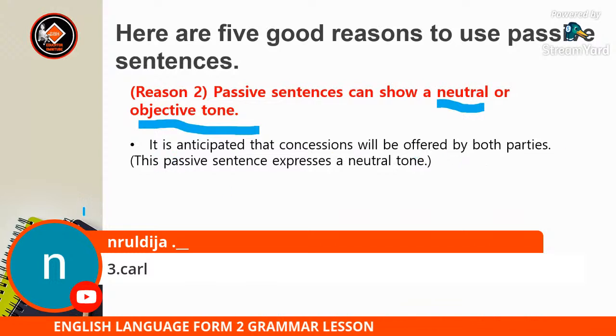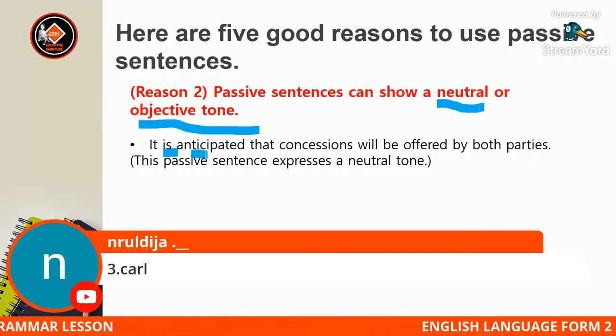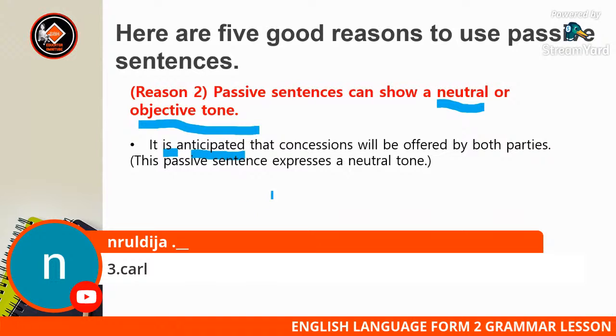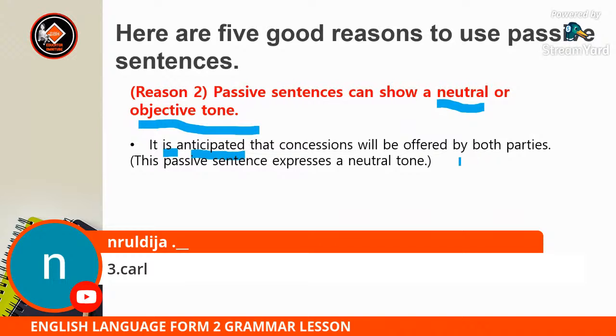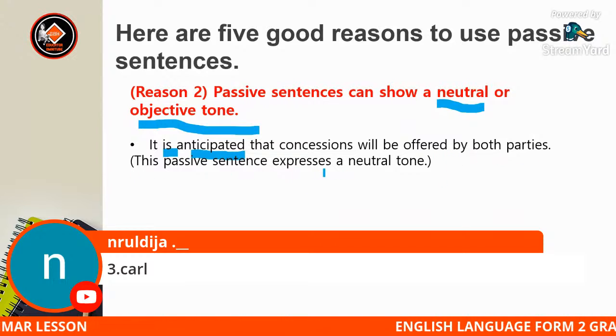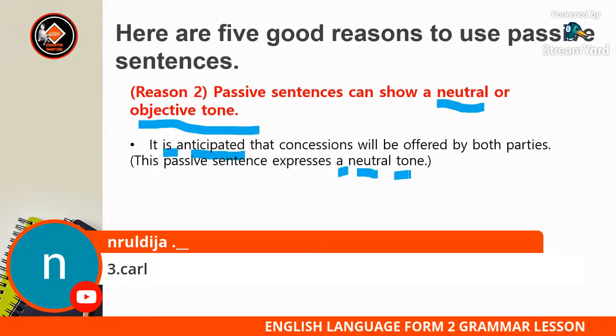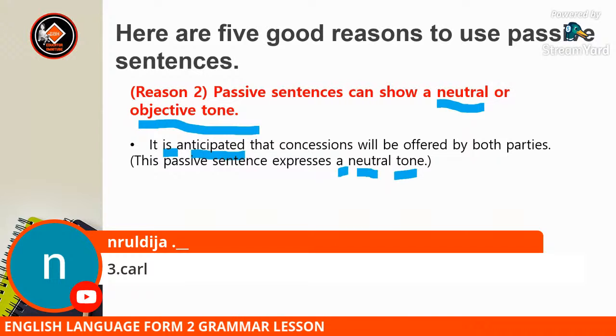Okay, so this is neutral. Maksud "it is anticipated," dijangka. Okay, concession means maybe some offer will be given by both parties. So this passive sentence expresses a neutral tone. So dia tak menyalahkan sesiapa, dia neutral. Okay, don't worry about this.